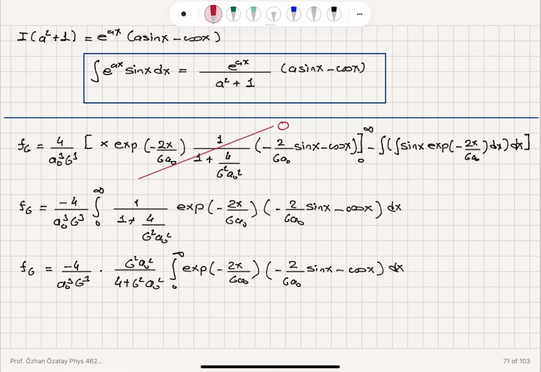So this g square a0 square will basically get rid of the power here. So I will have minus 4 over a0 g remaining.